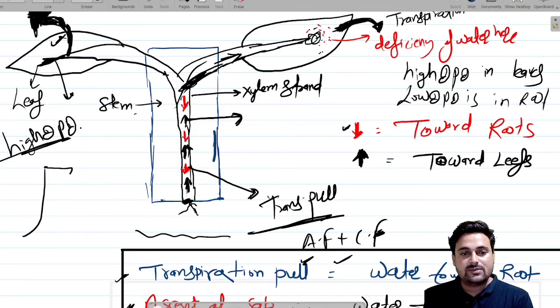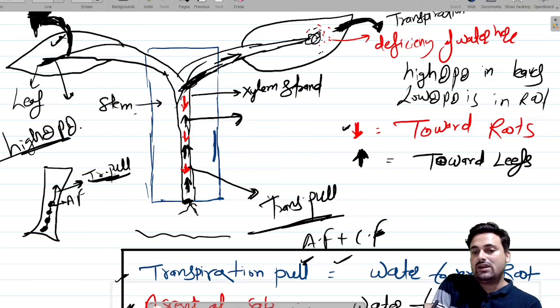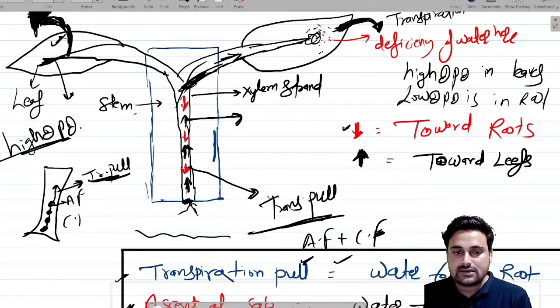If this is your xylem strand, then water droplets will create a continuous column-like structure, because between two droplets there will be a force, the cohesive force, and the force between the xylem strand and a water droplet is called adhesive force, and this will be pushing up to the leaves. This force is transpiration pull. This pull force is pulling the water molecules up to the leaves. So these three forces together are called ascent of sap.